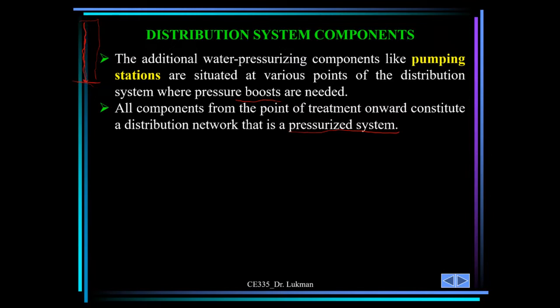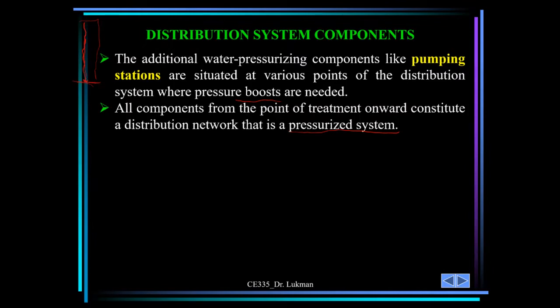Okay, we can have a service reservoir, a tower, which will now be elevated. So by elevating it, it will have a lot of pressure. The potential energy of the water will be high, thereby increasing the pressure head, so that when the water is supplied to pipelines, it will have adequate pressure head to reach the consumers. Okay, but we use a pressurized system for the water distribution network.